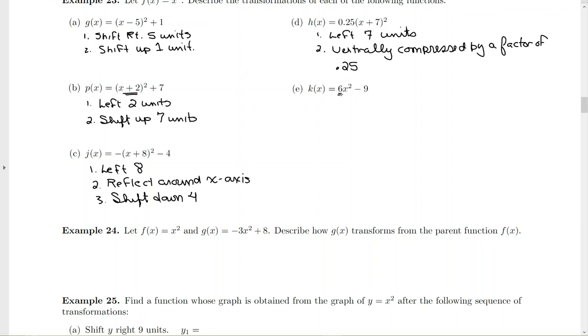And because it's a number bigger than 1, our first step is going to be to vertically stretch by a factor of 6. And then we go right to the -9 outside the function, so that's going to be a shift down 9 units.